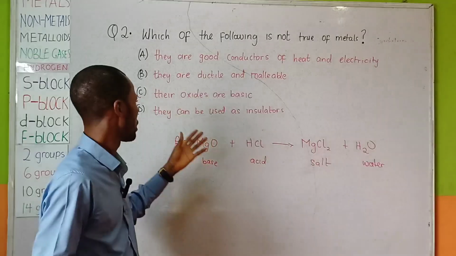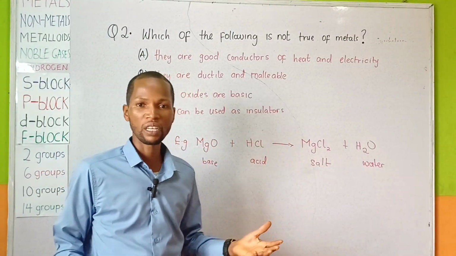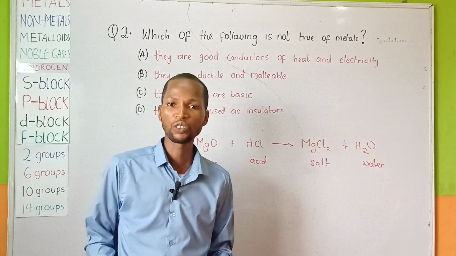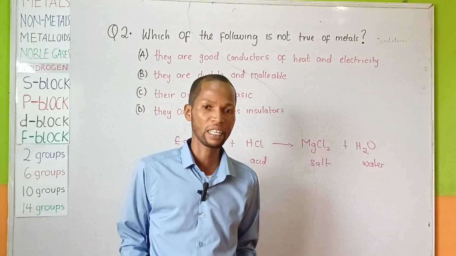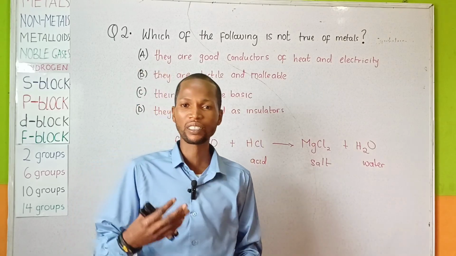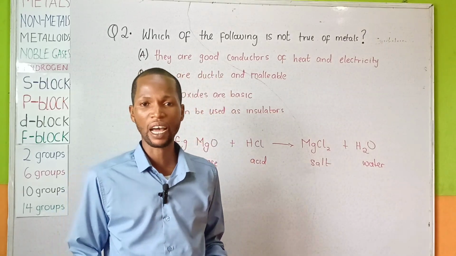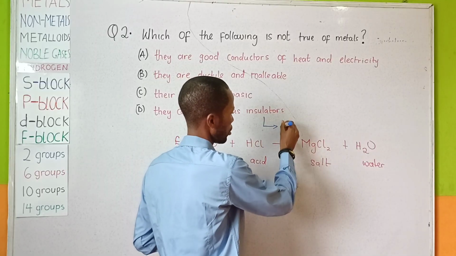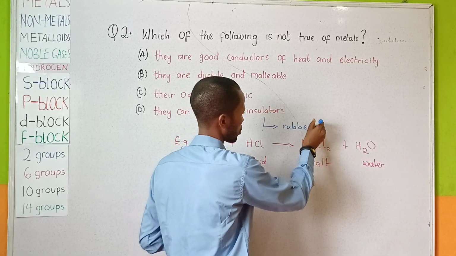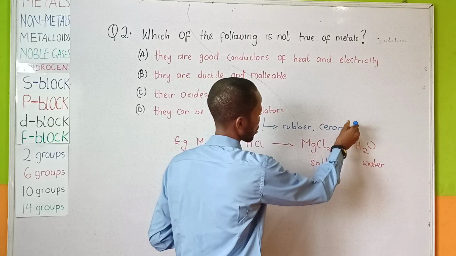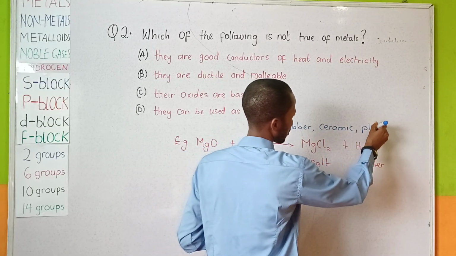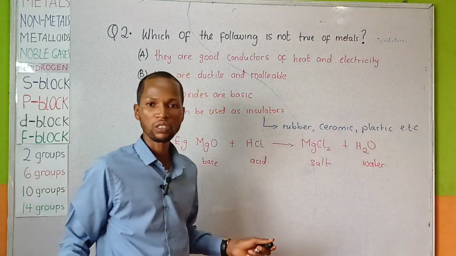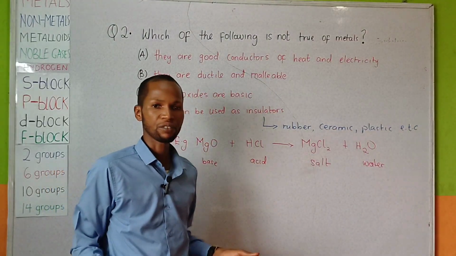Option D. They can be used as insulators. This is not true about metals because metals are known for the ability to conduct heat and electricity, but an insulator resists the flow of heat and electricity. Examples of insulators are rubber, ceramic, plastic, etc. All these do not conduct heat and electricity.